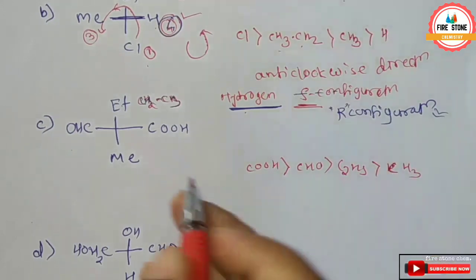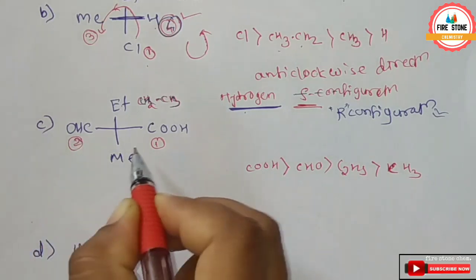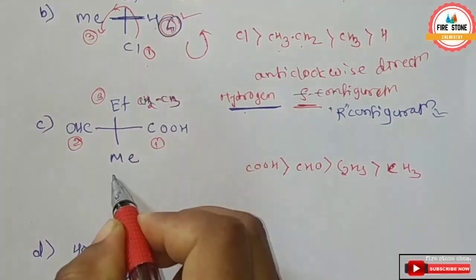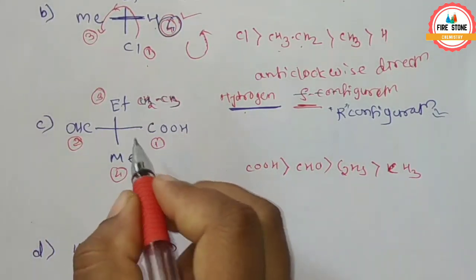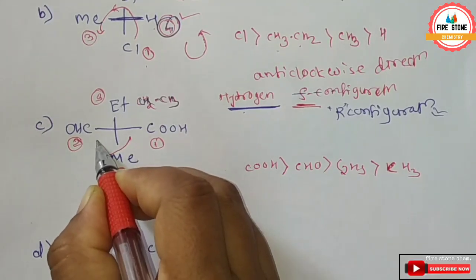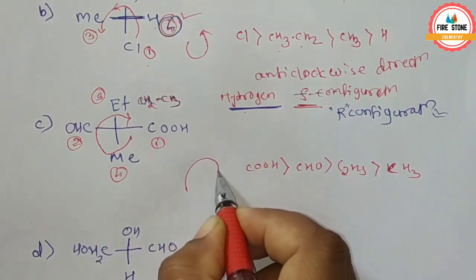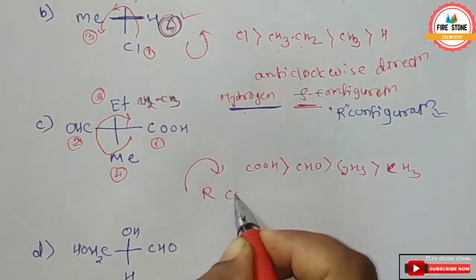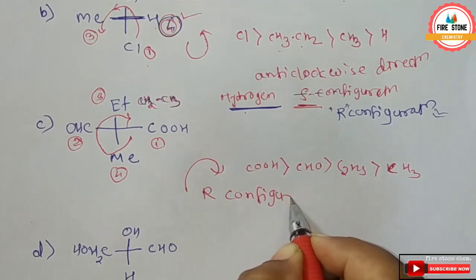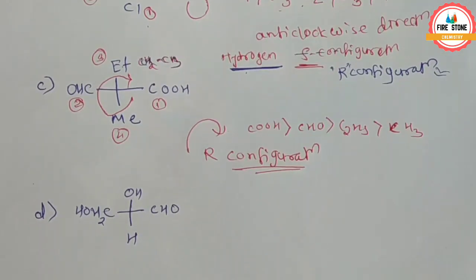So these are the four groups. First priority is COOH, second is the CHO, third is the Et and fourth one is the Me. So here we rotate like this 1, 2, 3. So this is the clockwise rotation. So R configuration. Here the compound has absolute R configuration.